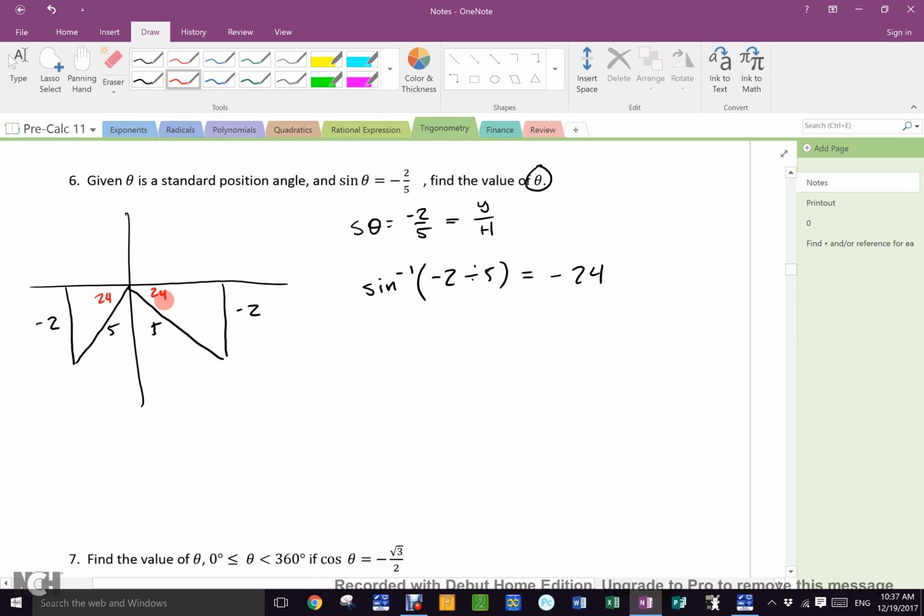Okay. So if this is 24, how big is red theta? 204. How big is blue theta?